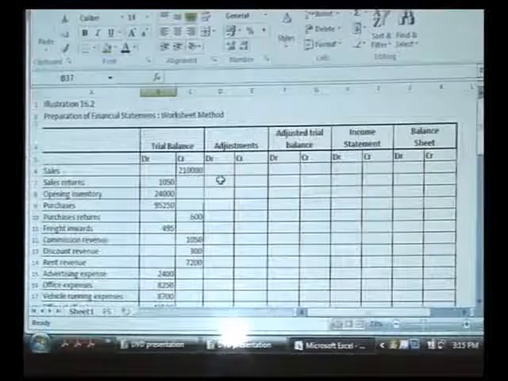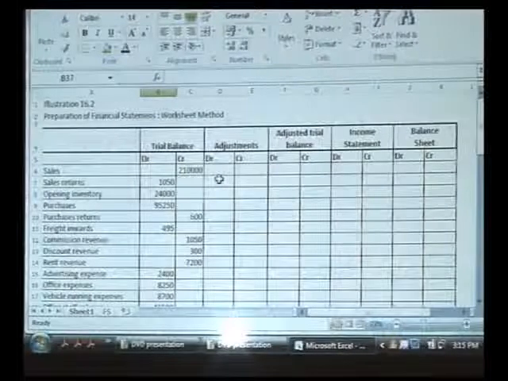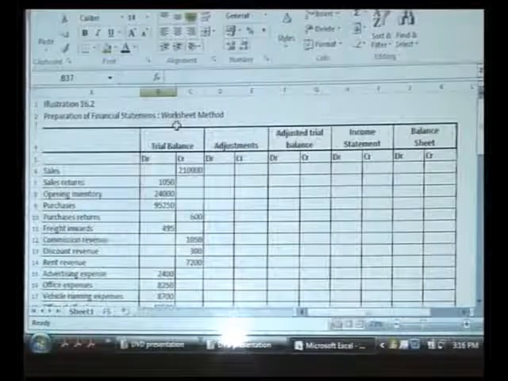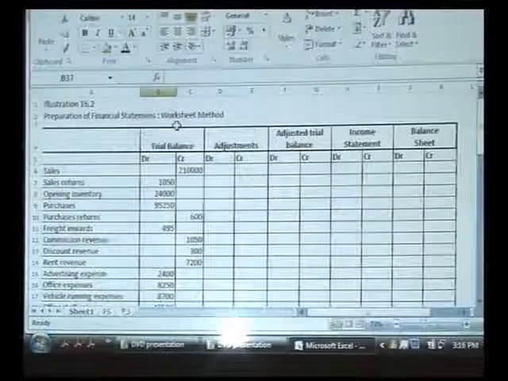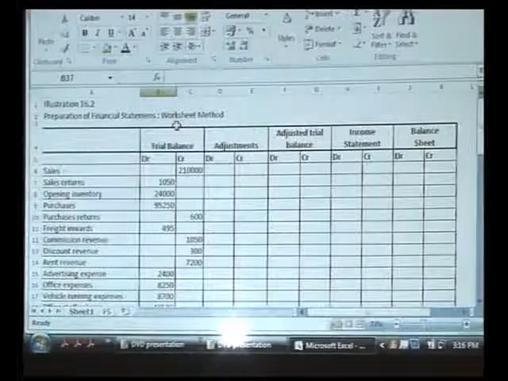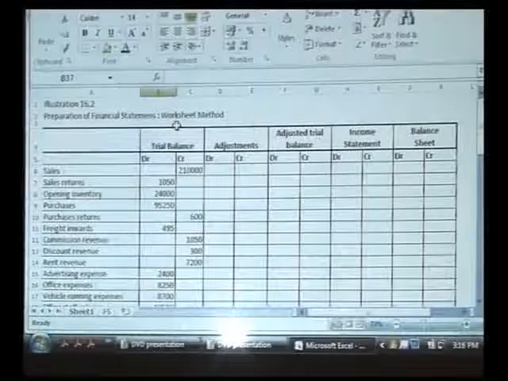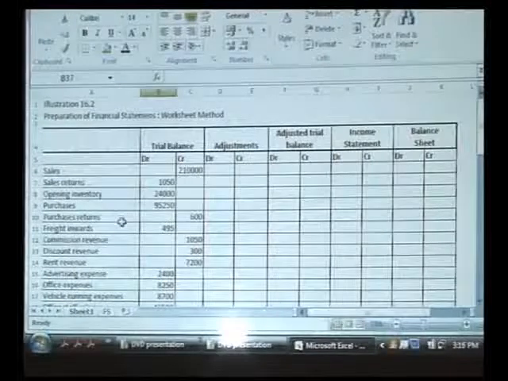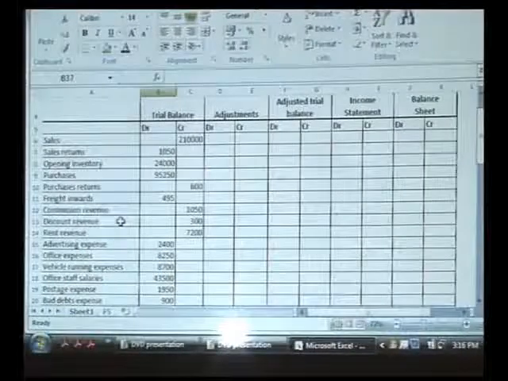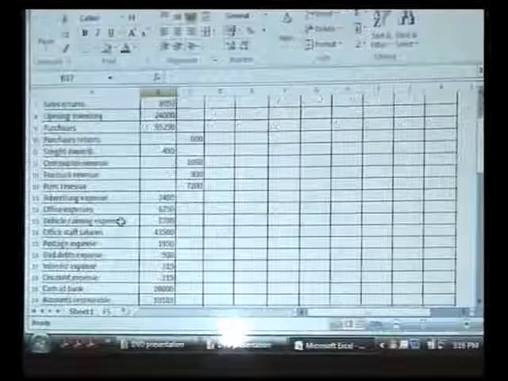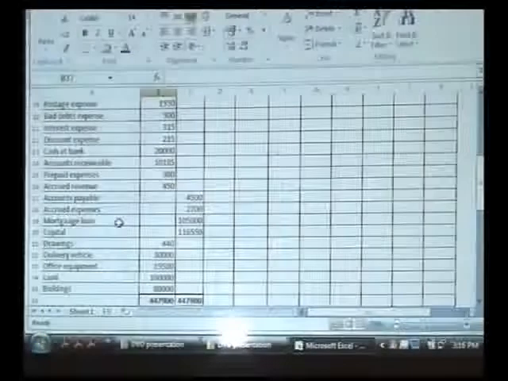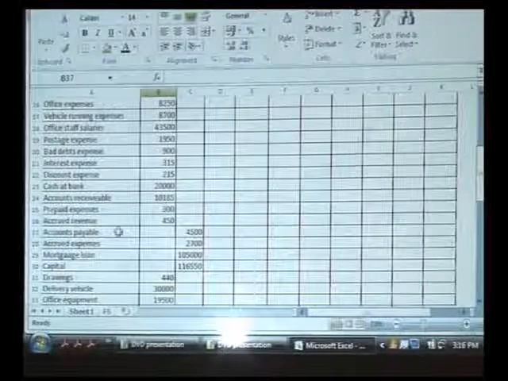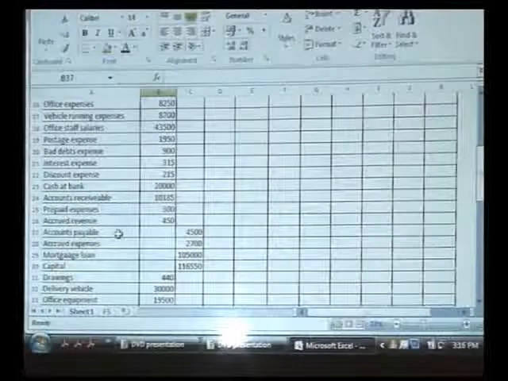And then the second one is accrued expenses, advertising expenses. Okay, find the advertising expense account. Go through the trial balance and see whether advertising expense is there.